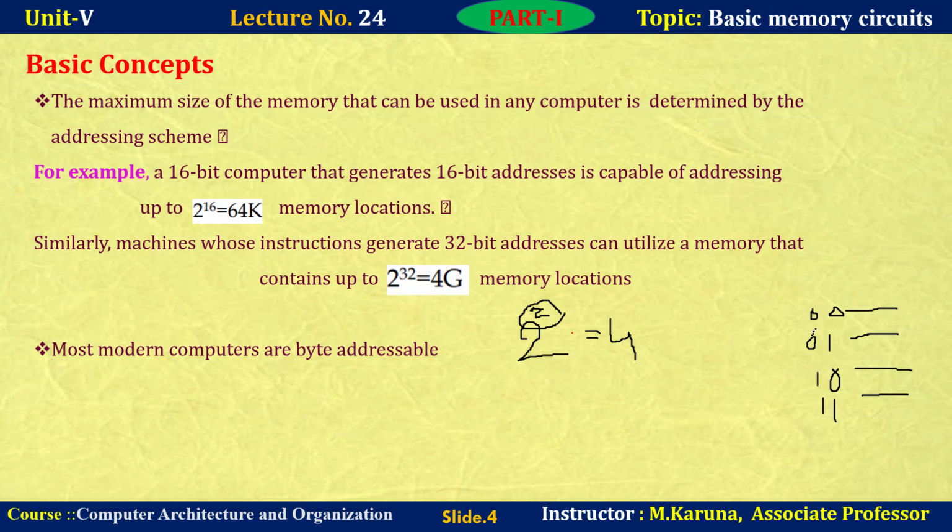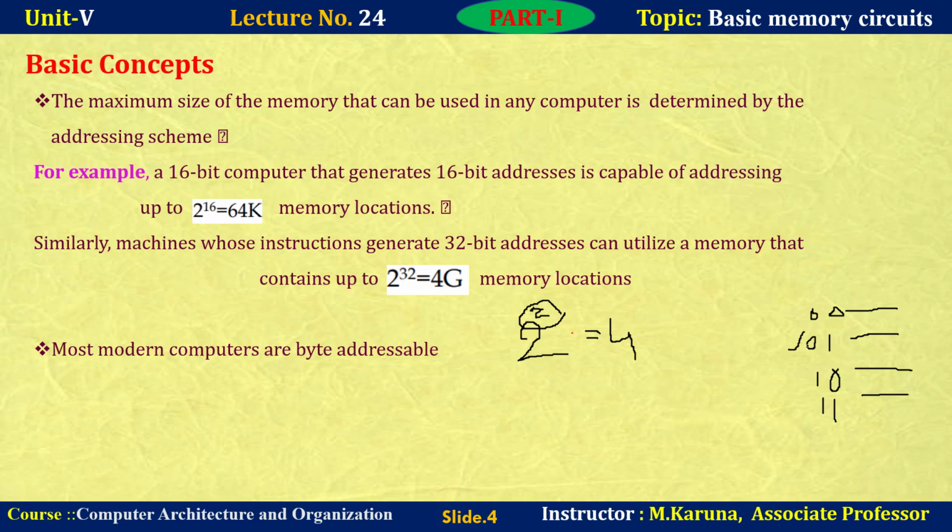00, 01, 10, 11. 2 address lines are required to point to the 4 memory locations because 2 power 2 equal to 4. 2 are the address lines and 4 are the memory locations. So if you want to select the first location, you need to send 0, 1 bits on address lines.